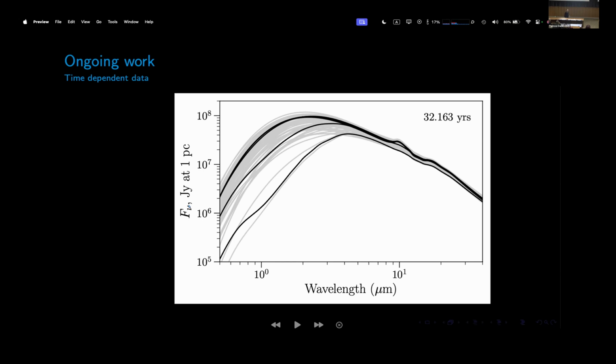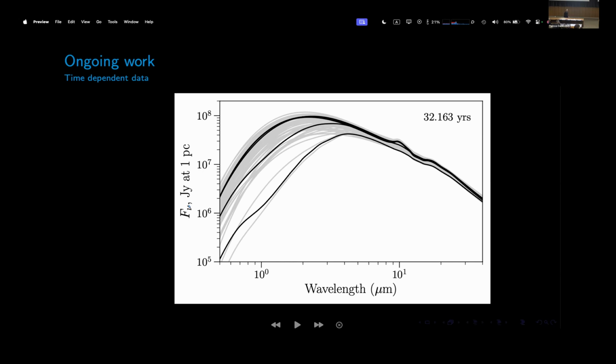Forsterite for oxygen-rich stars would be most probable. And then the carbon-rich stars will, of course, have amorphous carbon and SiC or other carbon-based dust, but that's complicated because it absorbs like crazy at short wavelengths. So it's very difficult to get anything out of the models because you don't see much. Yeah, thank you.